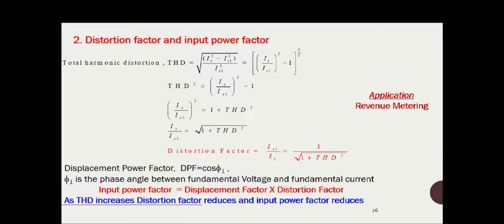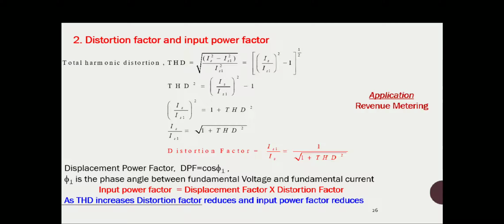So what is distortion factor? Distortion factor is a ratio between the RMS value of the source current and the RMS value of the fundamental current, that is Is by Is1.